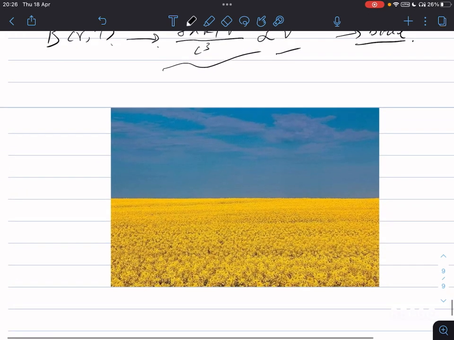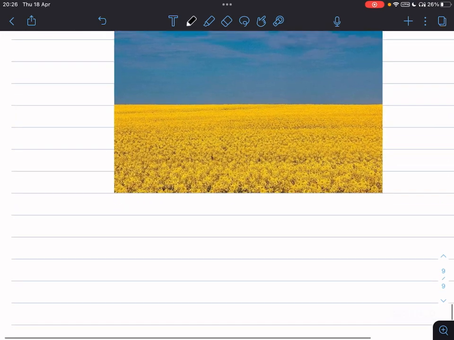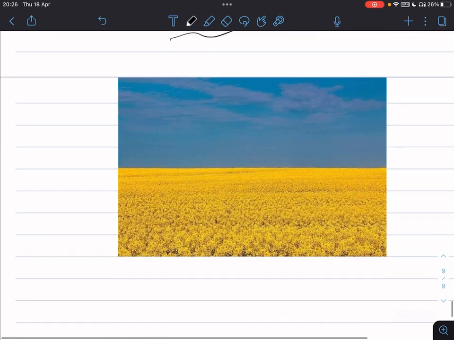So in the same distribution function, the higher the frequency, the larger the distribution function, or just probability density. So we can see a blue sky.